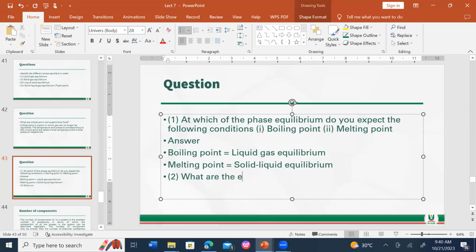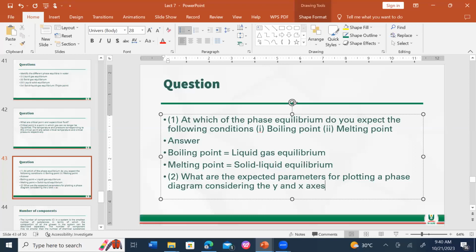What are the expected parameters for plotting a phase diagram considering the y and x axis?